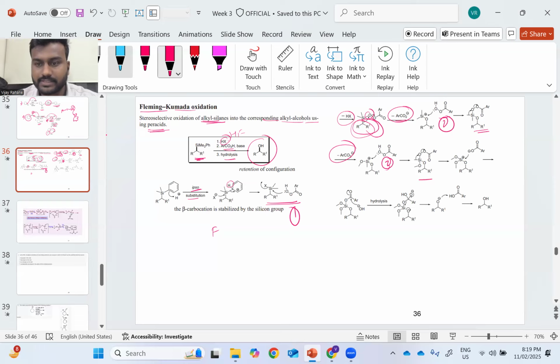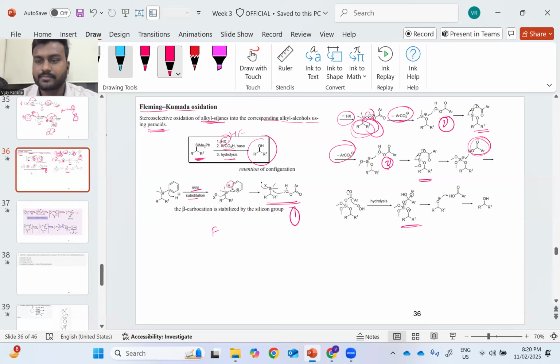It leads to the formation of the intermediate, followed by the eliminated per acid anion, which will be an ArC double bond O negative, which attacks on the silicon, which leads to the intermediate, followed by the hydrolysis. It gives the alcohol.